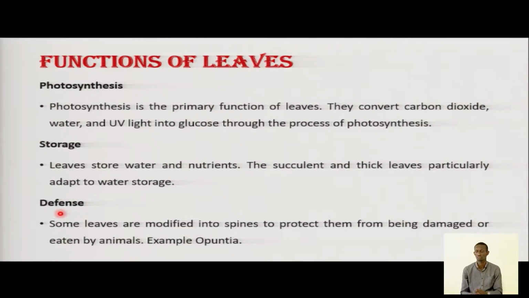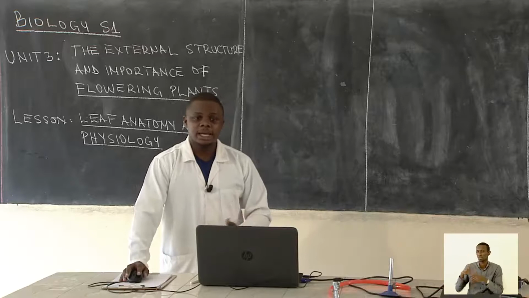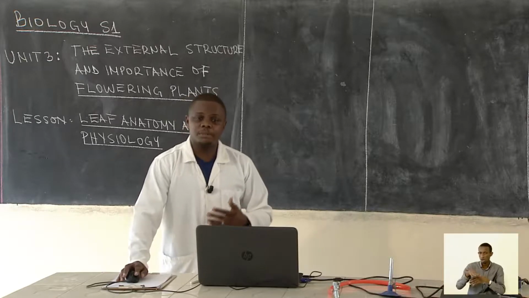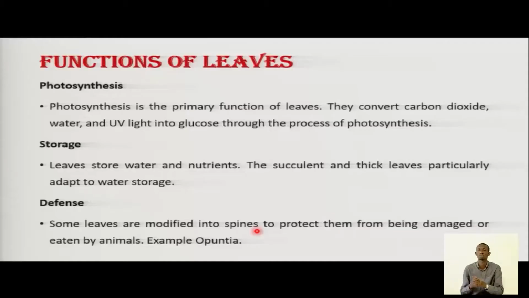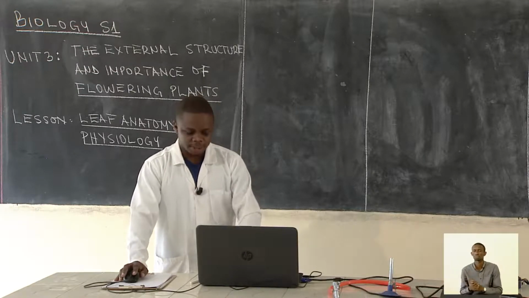We have seen this with cactus or cacti, which are desert plants that have leaves modified into spines to prevent herbivores from eating them. They also have leaves modified into thorns or spines to prevent excessive loss of water. Another example is opuntia.